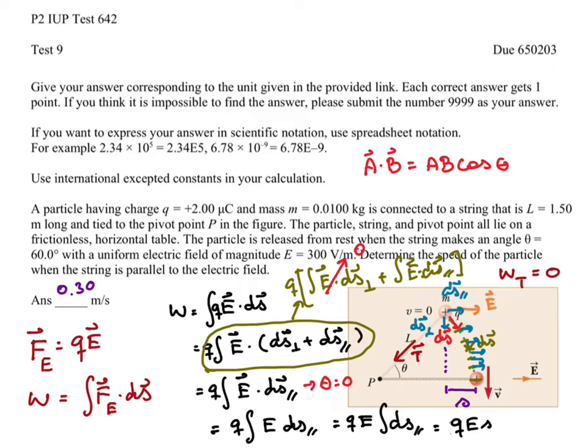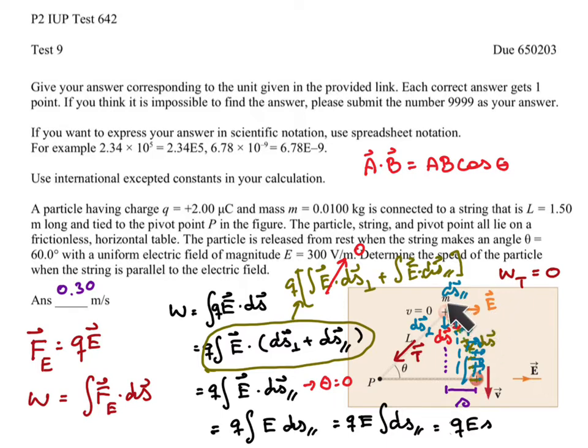So when you sum up these ds parallel, you will have the total length of the motion of the particle along the path that is parallel to the electric field.